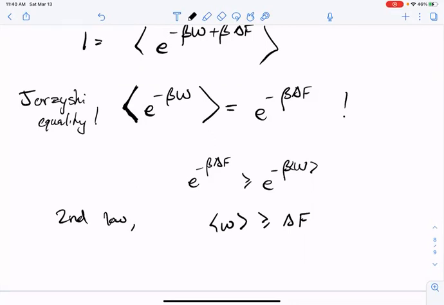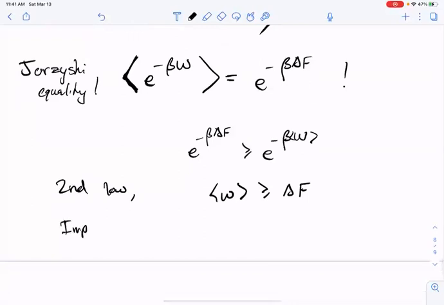If W is large and positive on average, then I will not saturate that equality very often. However, if the system is small and the amount of work I do is small, that's an exponential average one can potentially actually evaluate.